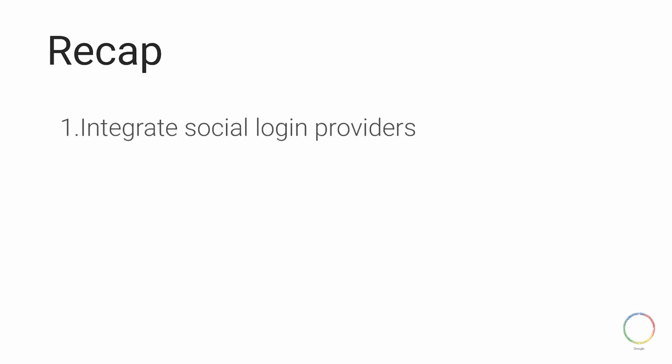That concluded our 4 recipes for today. Let's do a quick recap. As a first recipe, we've seen how to add social login providers to our app. And then we implemented in-app chat features to let our customers and sellers communicate directly with each other.